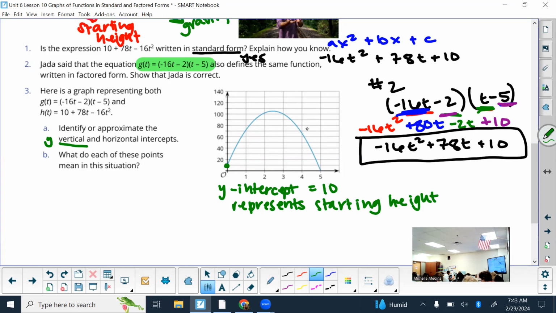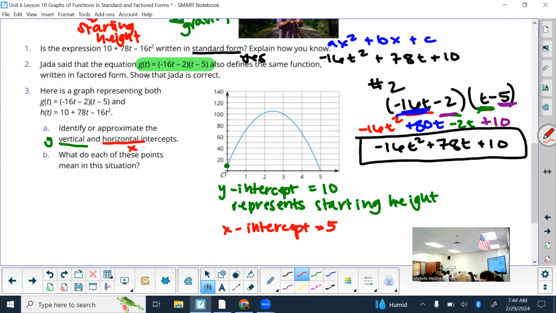Table 8, can you tell me what my horizontal or x-intercept is? My x-intercept is 5. At least that's the only one that makes sense. If I put it in Desmos, I'll see another one, but that one doesn't make sense. Our x and y values are restricted to just positive numbers.